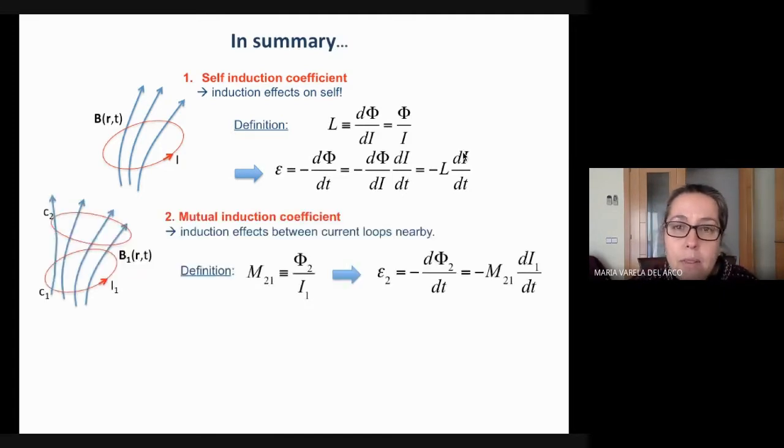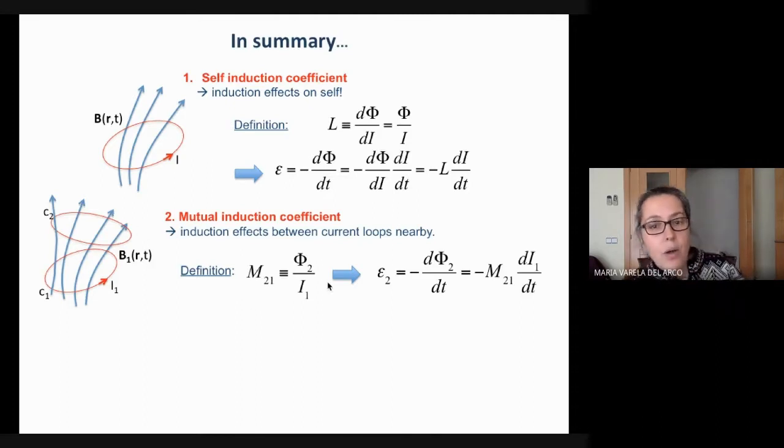We also talked about the mutual induction coefficient, which is basically how induction can be established between two neighboring circuits when one of them has some intensity circulating through it that depends on time, and maybe it's causing some variable magnetic field that is going across the neighbor.